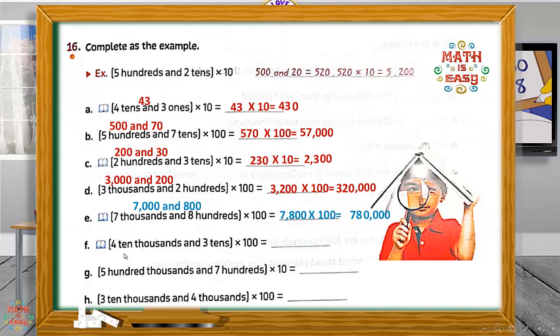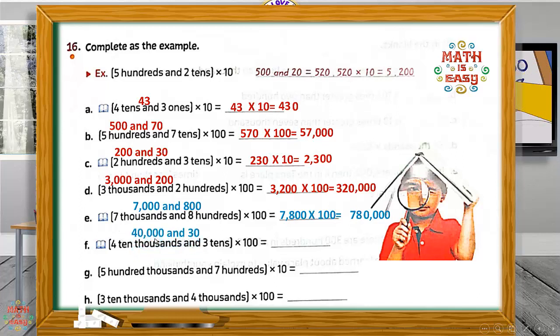Next one. 410 meaning 1 zero. But here 10 thousandths meaning 3 zeros and 1 zero is 40,000, like this. And 3 tens meaning 30. Make addition. 0 plus 0, 0. 3 plus 0 equals 3. And write the remainder. 40,030.